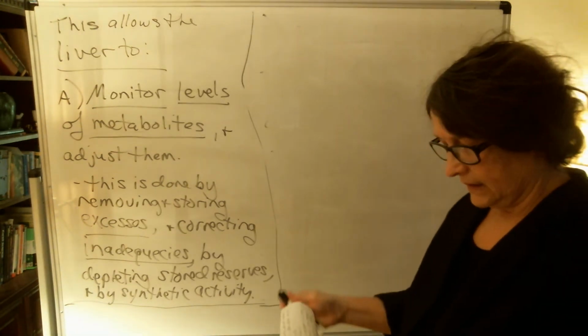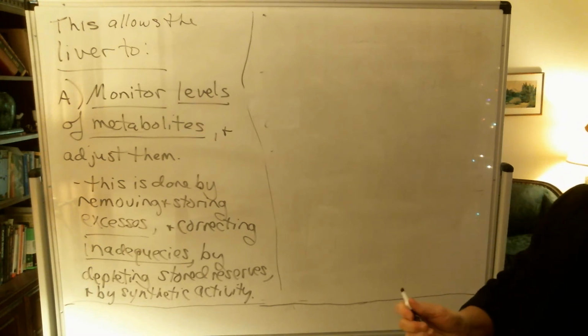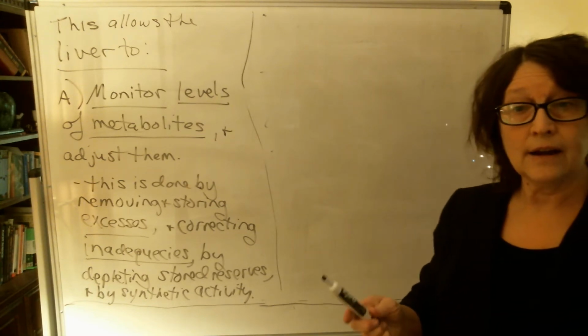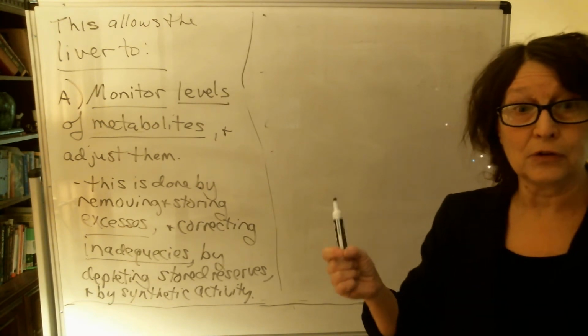Okay, so that then is matter A. We are still just talking about the first category of function. We just did the first subcategory of the first function.